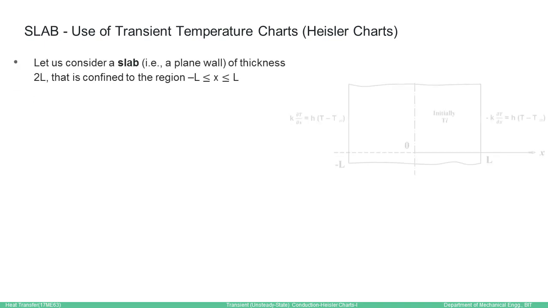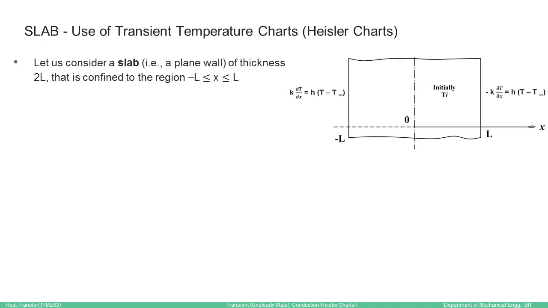We'll try to understand transient temperature charts for the case of a slab. Consider a slab of total thickness 2L, which is confined in the region minus L to L. Since there is a center line temperature at x equal to 0, the solid is at an initial temperature of Ti at time t equal to 0.